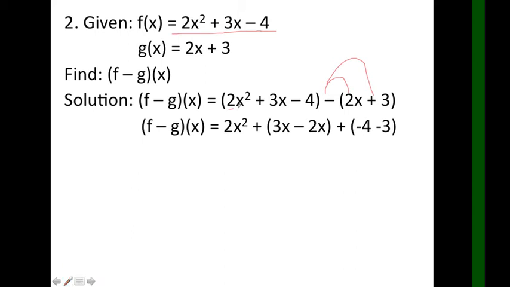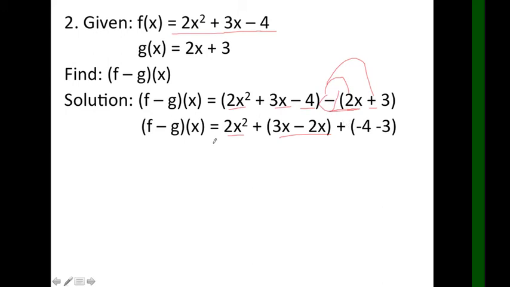So 2x squared doesn't have any similar variable. 3x has, so we have negative 2x, which I mentioned earlier. So we have 3x minus 2x. And negative 4 has the same variable with negative 3. And then they are separated by plus symbol.